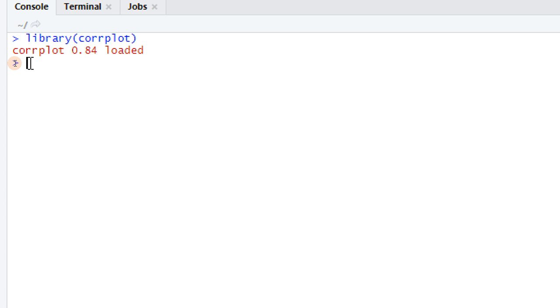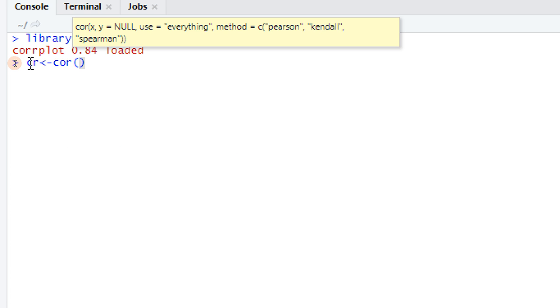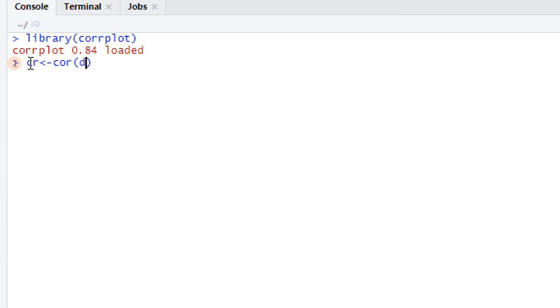So the package was loaded. Now I am taking a variable called CR, that means correlation. COR is a correlation function, and I'm passing DT, the data frame, here. Using COR, I can find out the correlation between the variables in DT.